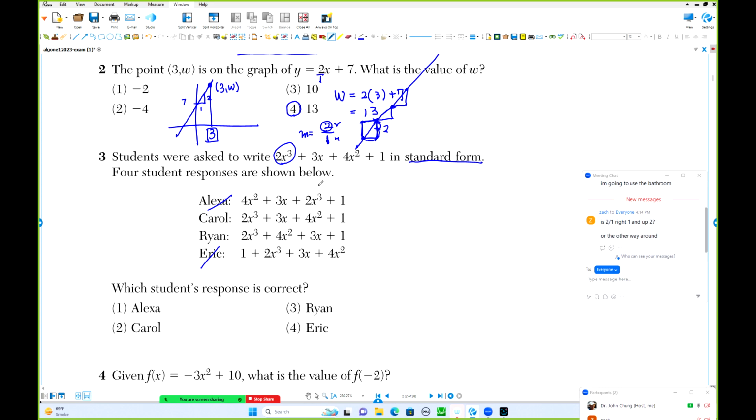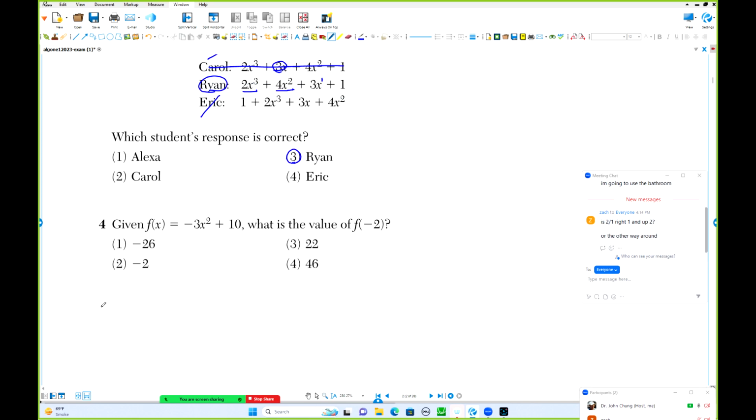The second term is 4x squared. Last is degree 1 and the constant. Ryan is correct. That is descending order in standard form.